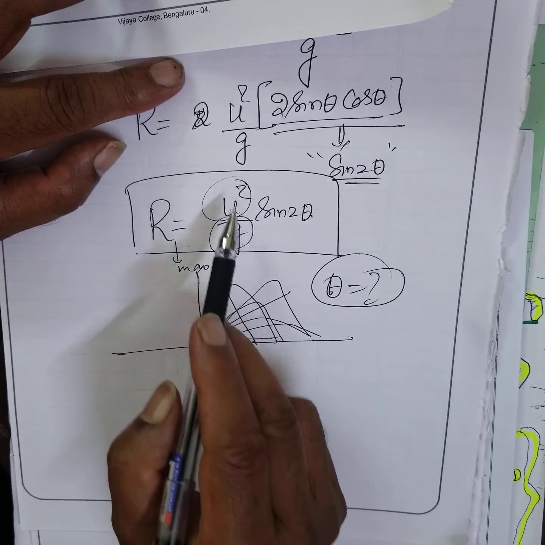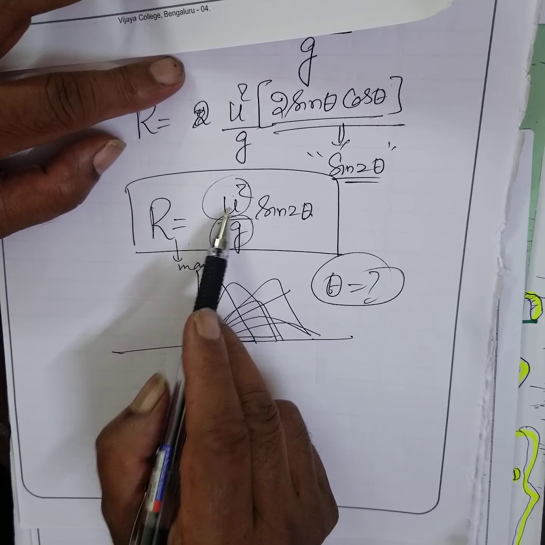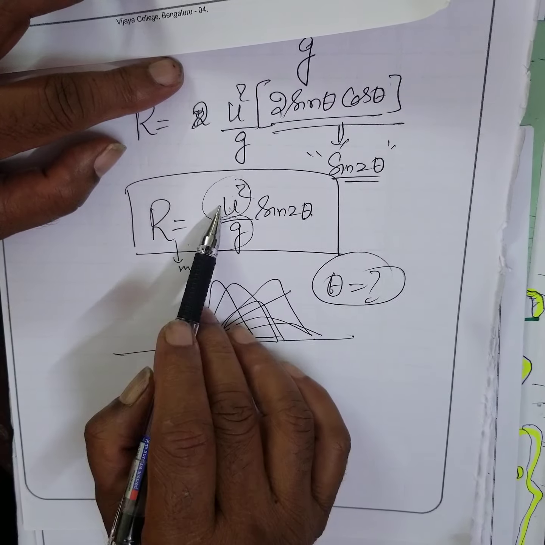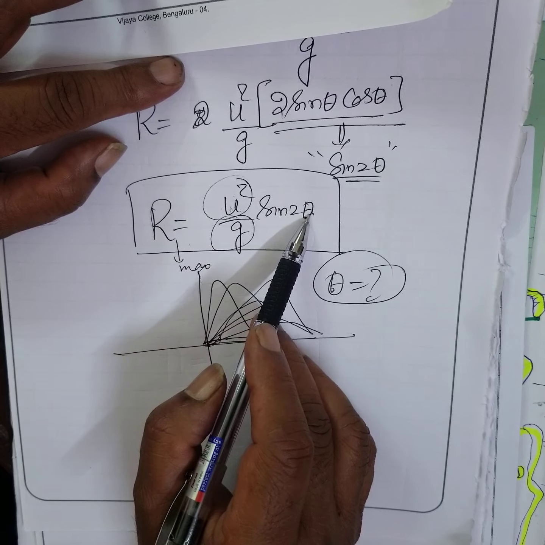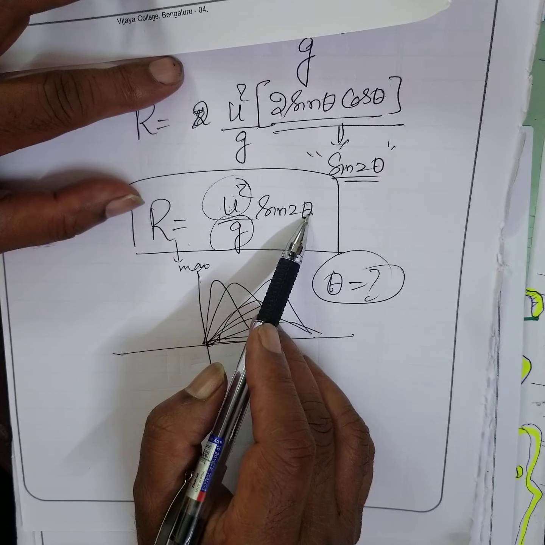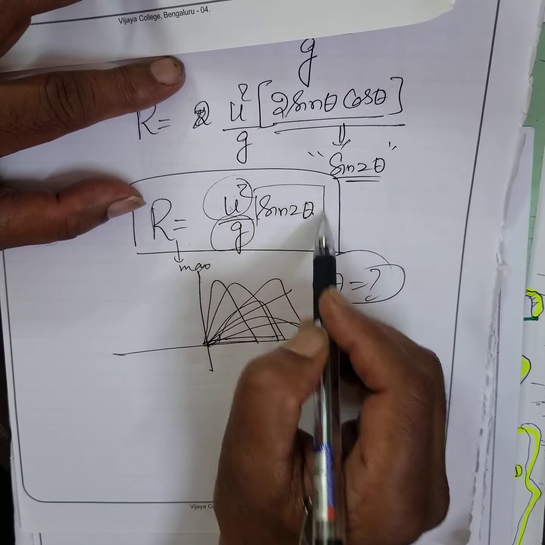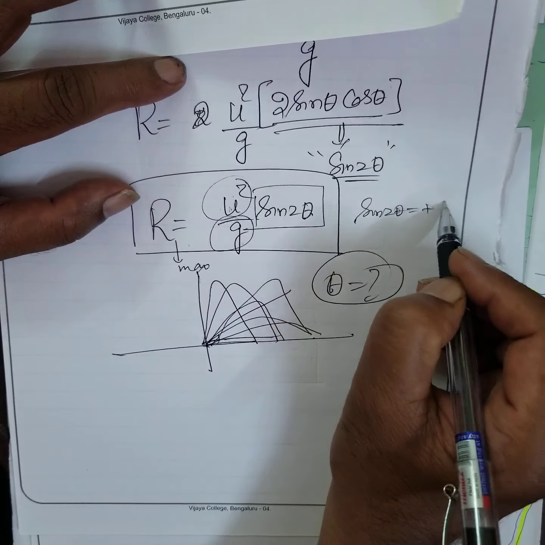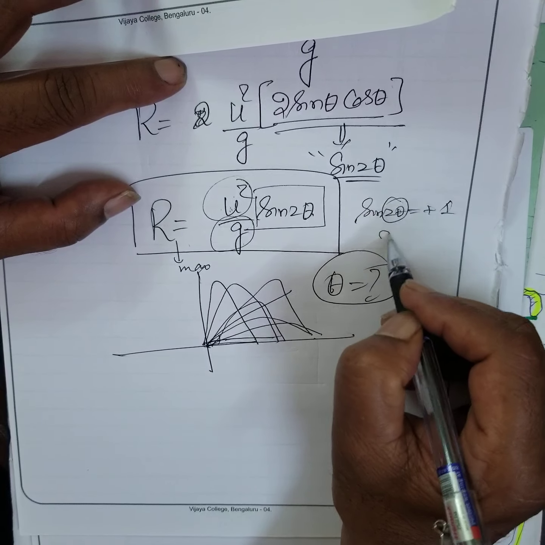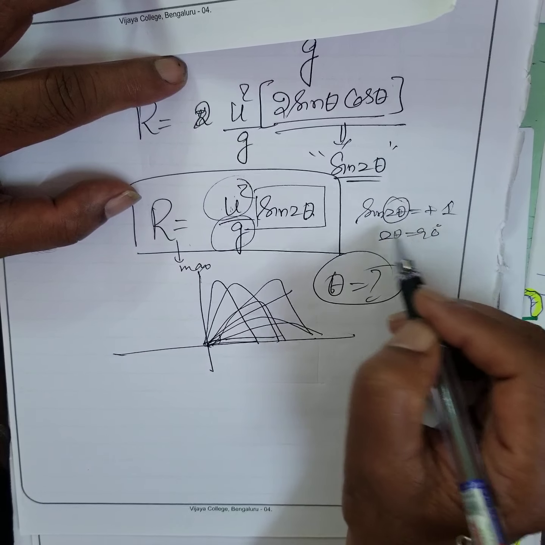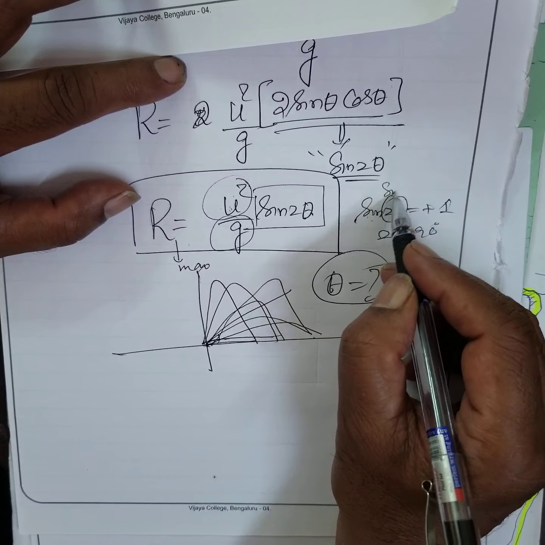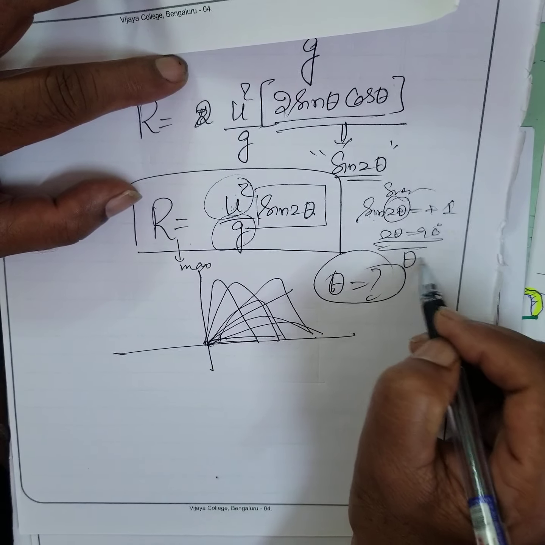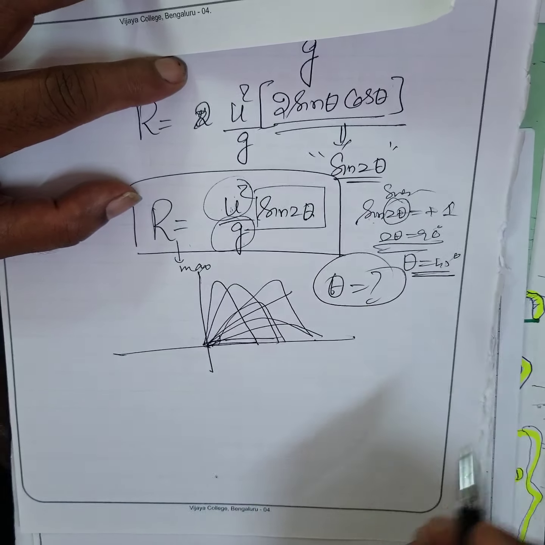G is also constant. Whatever velocity I project with, it will not change. Angle can be changed. That means how to make it maximum? What is the maximum value of sin 2 theta? Plus 1. That is possible only when 2 theta is 90. Sin 90 is equal to 1. Therefore, theta should be 45 degree.